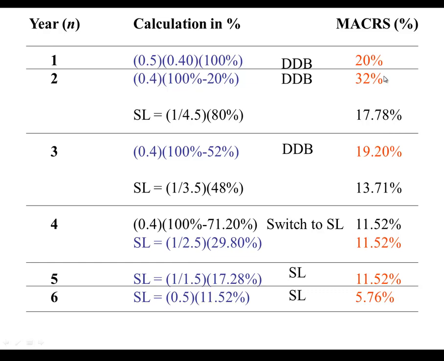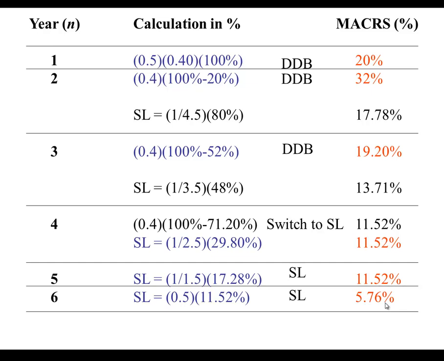So instead of using the double declining balance of 32%, we went down to 17.78% for straight line, and so on, going down to 5.76% from switching from the double declining balance to the straight line.